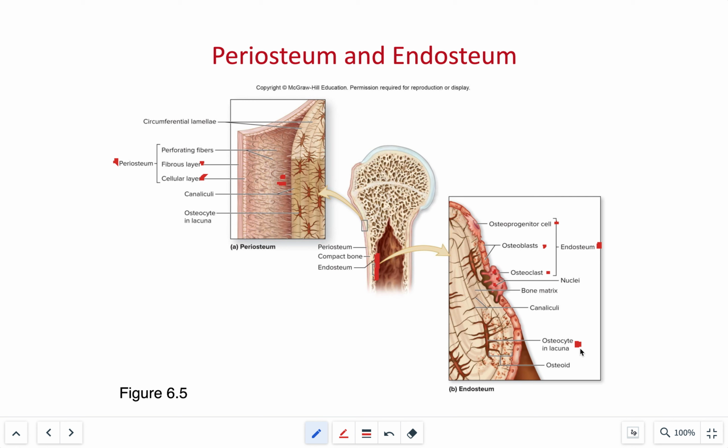These osteocytes maintain the protein and mineral content of the surrounding matrix, and the surrounding matrix is also called osteoid. One third of the bone mass is composed of organic compounds, and these organic compounds can be cells, collagen fibers, and important ground substances.